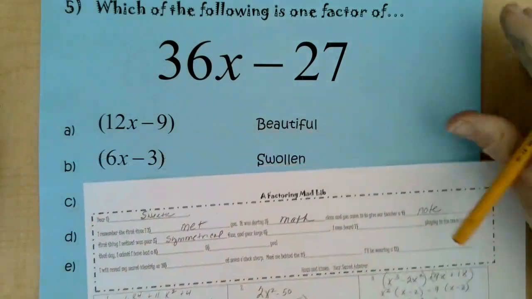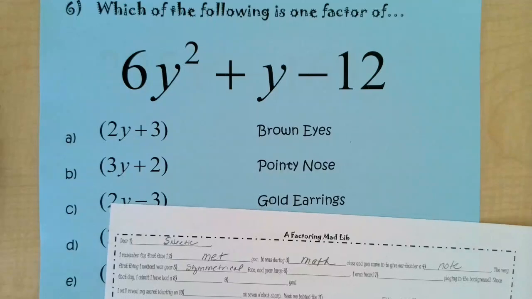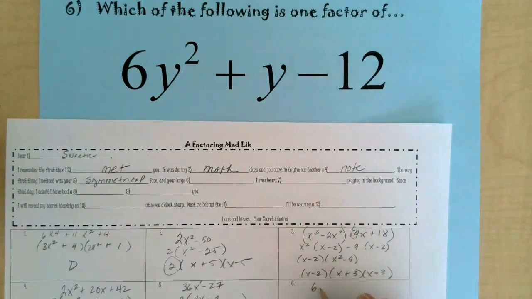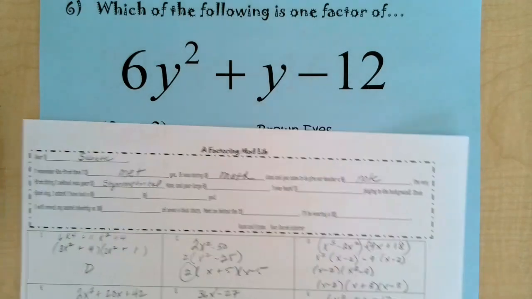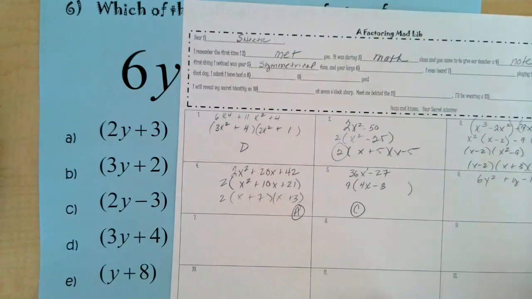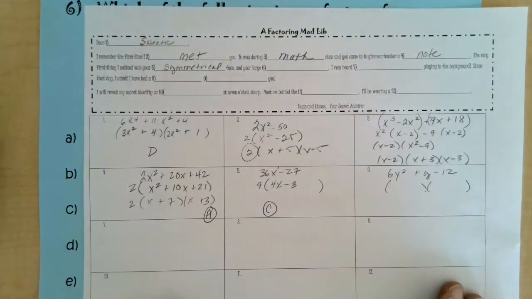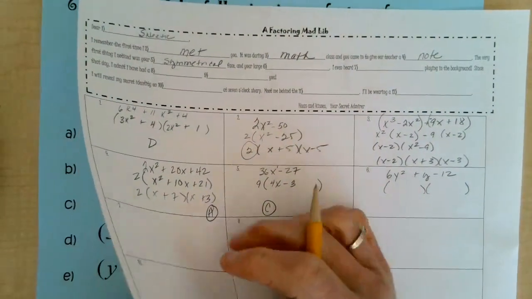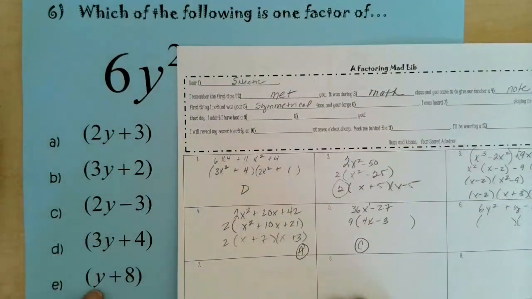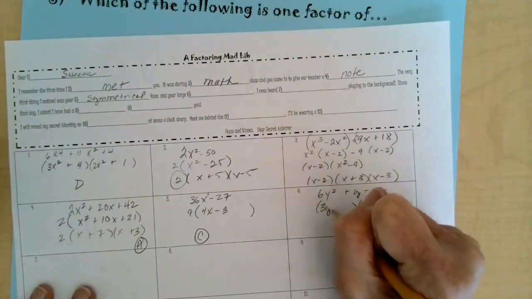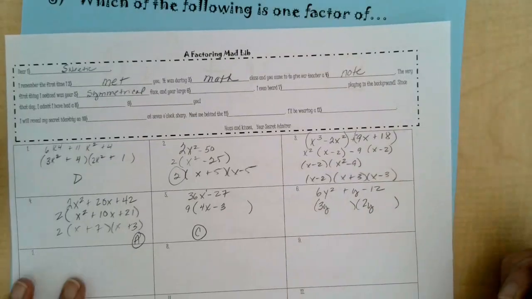Which of the following is one factor of 6y squared plus y minus 12? All right, so let's take a look at this. I'm going to look at my factors. I can look at my answers, and I don't see any 6s or 1s, so I know that this is going to split 3y and 2y.